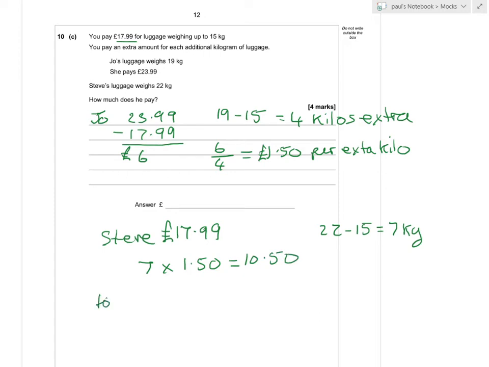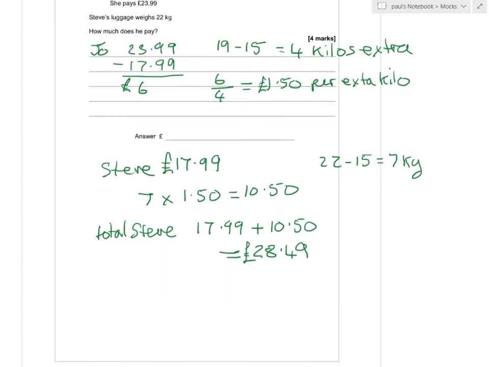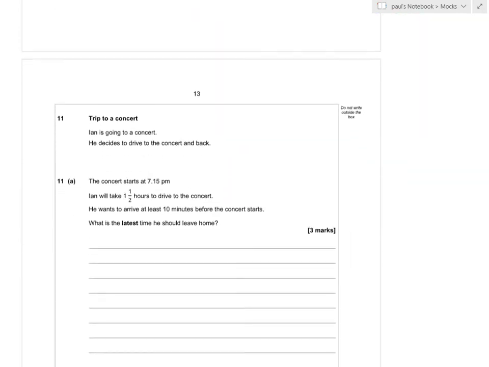Now total for Steve is $17.99 plus £10.50, which is £28.49. A bargain, Steve. Did alright.